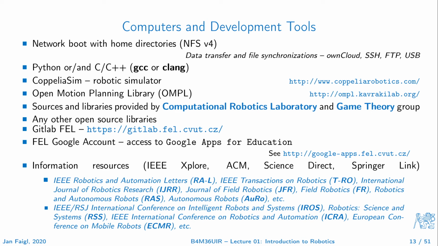So now regarding other information resources, you probably already know that as a member of the academic society, you have access to IEEE Xplore, ScienceDirect, SpringerLink, where you can find journals and articles. Some of the journals on robotics you should be aware of are IEEE Robotics and Automation Letters, Transactions on Robotics, International Journal of Robotics Research, Journal of Field Robotics, the newly coming Field Robotics, Robotics and Autonomous Systems, and Autonomous Robots.